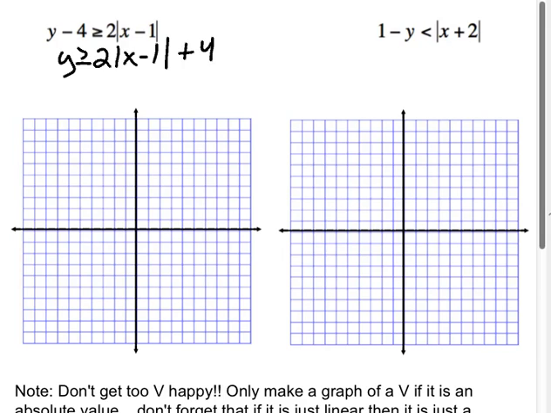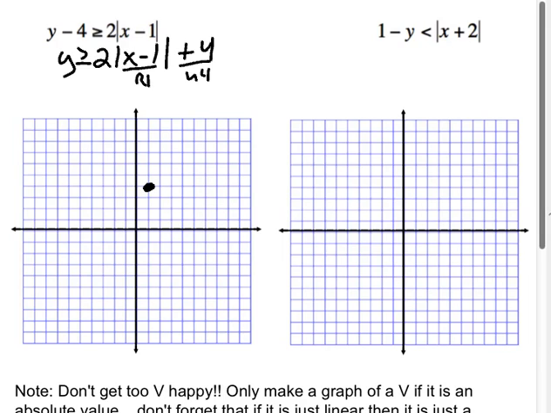Now I have something that I'm fully capable of graphing. So don't be afraid if there are examples where y isn't by itself, just get it by itself, and then you can graph what's left. Now the vertex is being shifted right 1, up 4, right there.